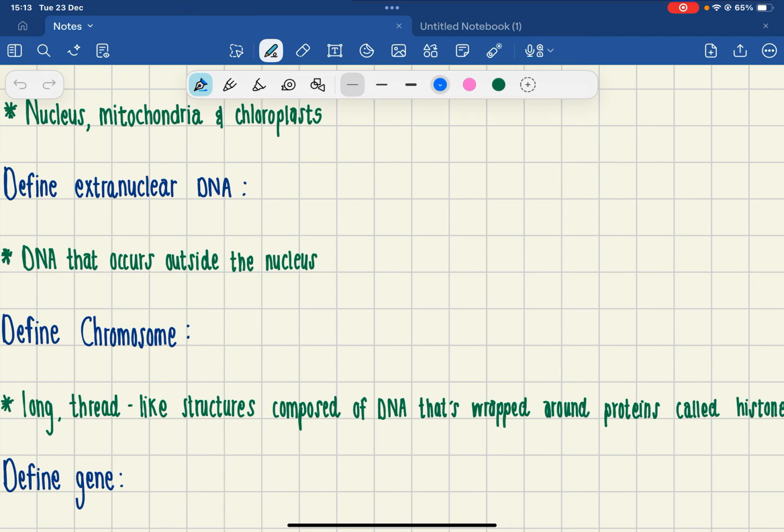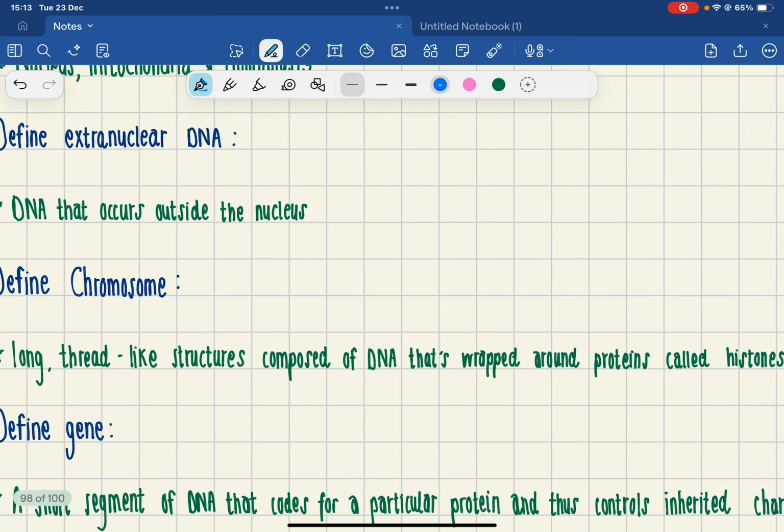What is extranuclear DNA? Extranuclear DNA, boys and girls, is DNA that occurs outside the nucleus. Just look at this, boys and girls. Extranuclear, so it tells you it's outside of the nucleus. So it's DNA that occurs outside the nucleus.